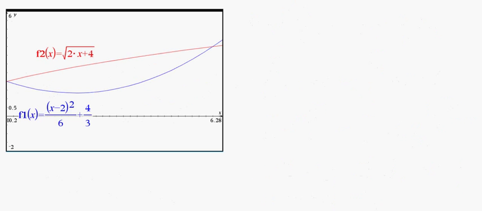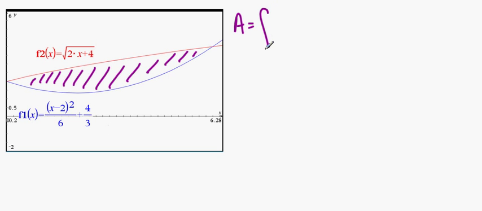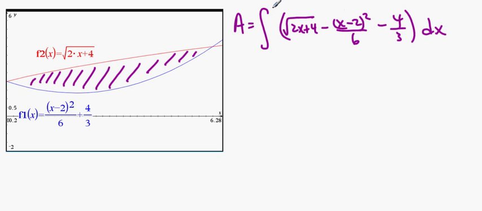Okay? Consider the picture. Consider that we're going to try to find the area between two curves. One curve is a nice radical function. One curve is a nice parabolic function. One might argue that those are the same kinds of function, but we won't do that here. We're looking for the area between two curves, which means we're looking for an integral of top minus bottom from left to right.